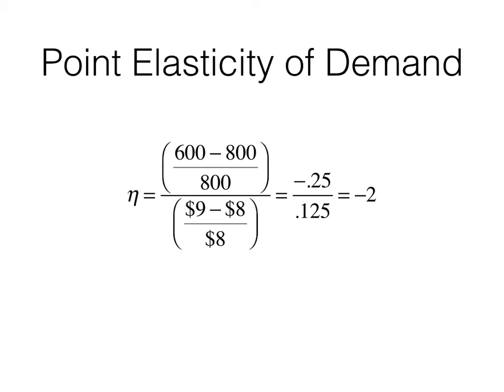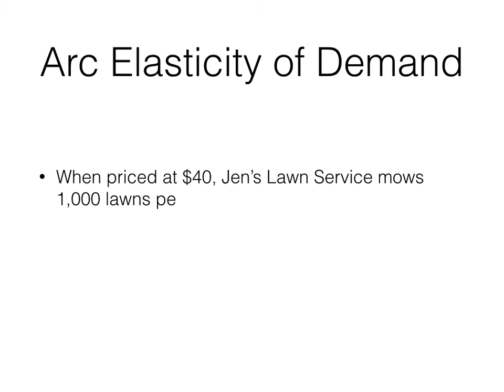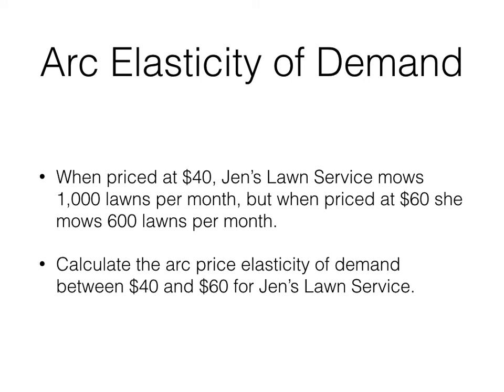That $1 increase in price represented a 12.5% increase in the price of Max's hamburgers. So we say the percentage change in quantity demanded was minus 0.25 or minus 25% divided by a 12.5% or 0.125 increase in price, and that gives us an elasticity of demand of minus 2, which again we said is elastic in demand.